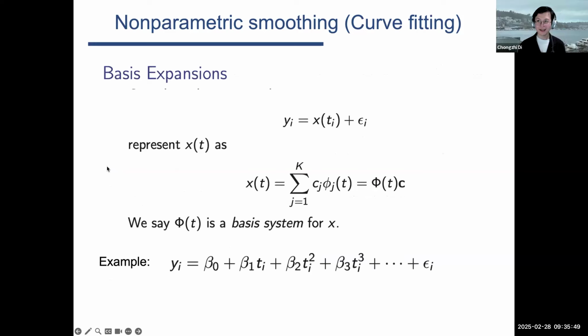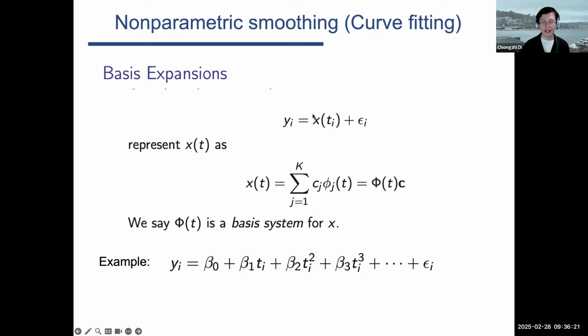So this will get a little more technical now. The approach I'm going to take for this workshop is so-called spline-based methods. The idea is we're trying to find a set of so-called basis functions. We assume that the observed data y_i is equal to signal plus noise.